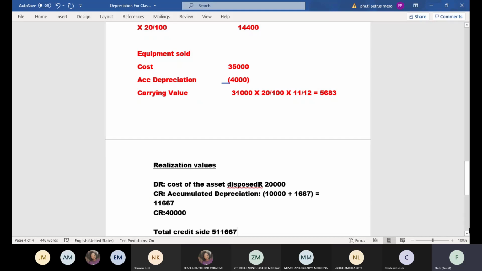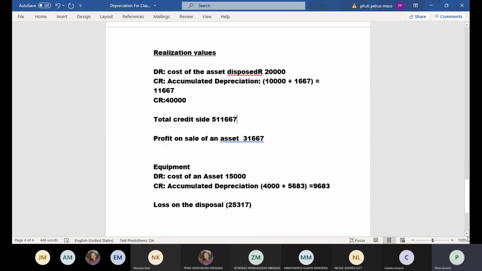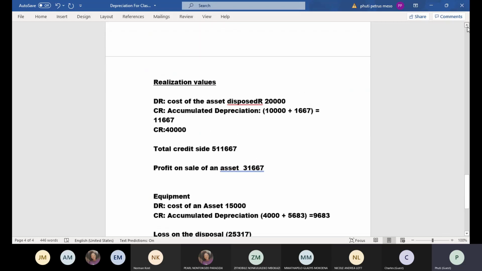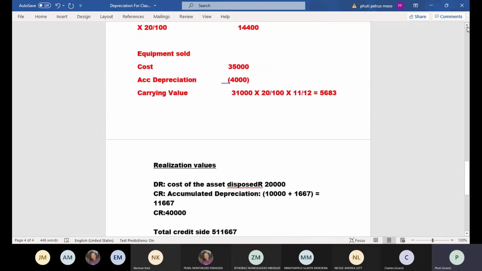Cost price of 15,000 rand, and accumulated depreciation is fine, but we need to know the proceeds.